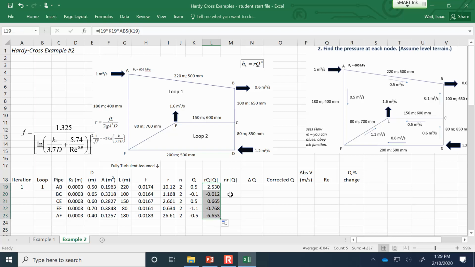And then likewise we're going to do N times R times the absolute value of Q and drag that one down.